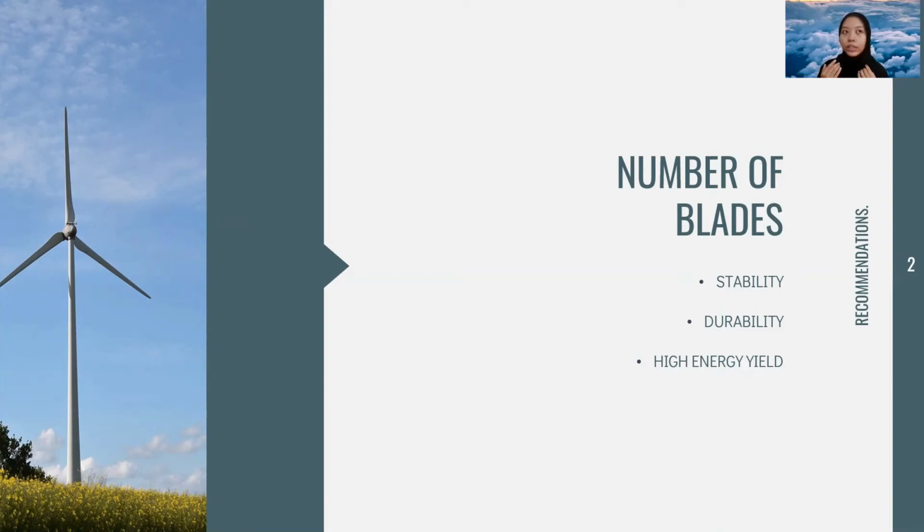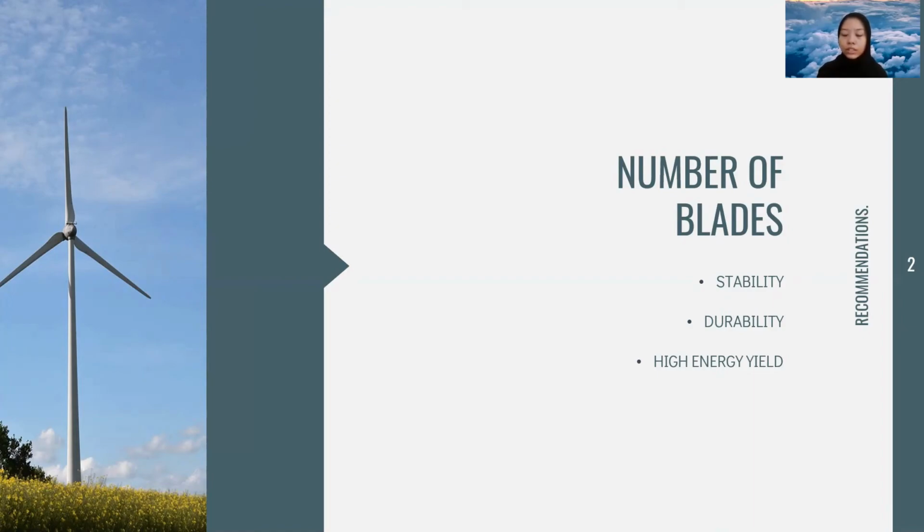The fewer the number of blades, the better suited the system is for producing power. Even though I say this, there is an issue when the wind turbine has fewer than 3 blades. For example, 1 blade would be an optimum number when it comes to energy yield.